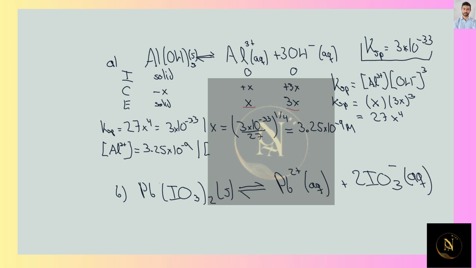For OH minus, the concentration is 3 times x, as we can see from here and from here, so we simply multiply that value by 3. Since we rounded, this is 9.75 times 10 to the minus 9. Both are in molar.